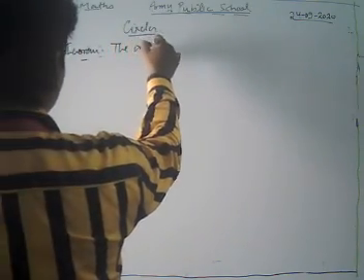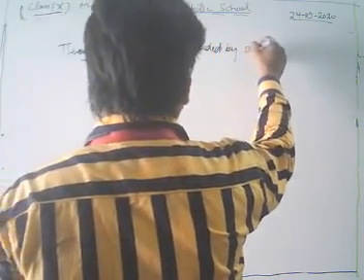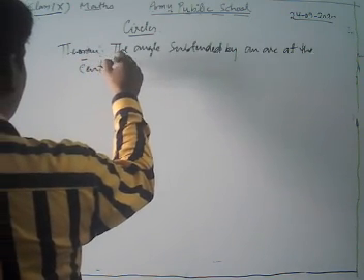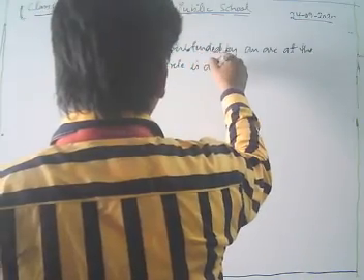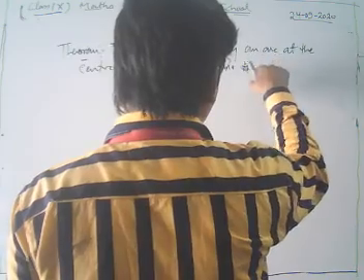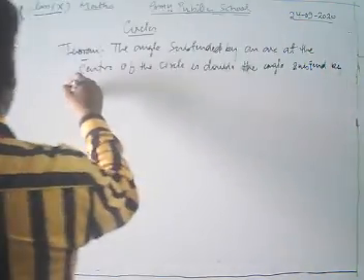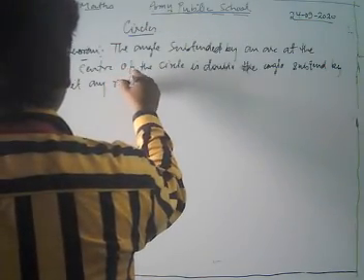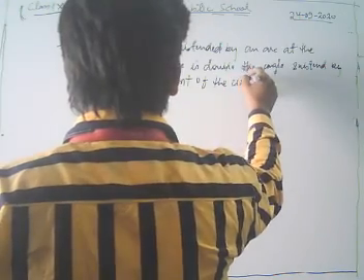The angle subtended by an arc at the center of the circle is double the angle subtended by it at any remaining point on the circle.